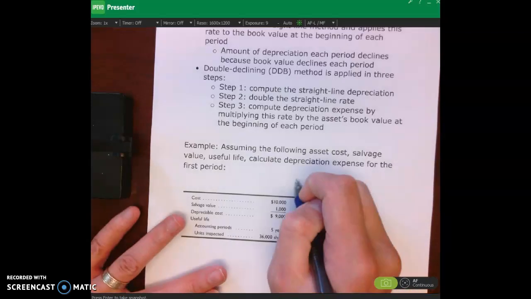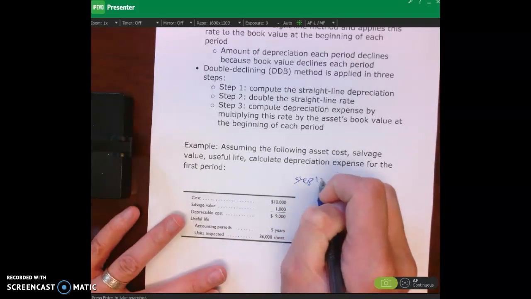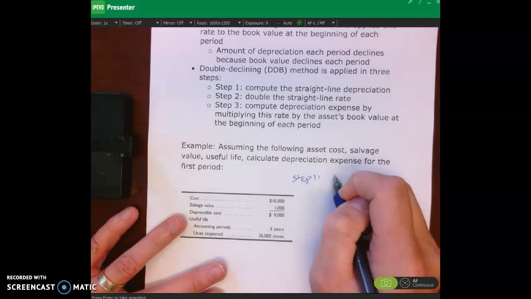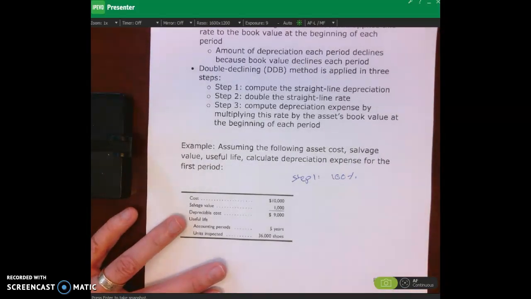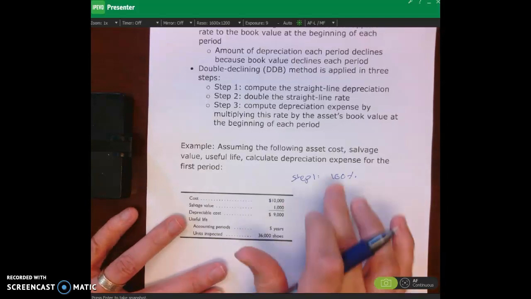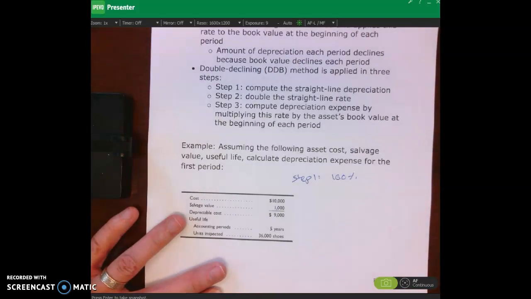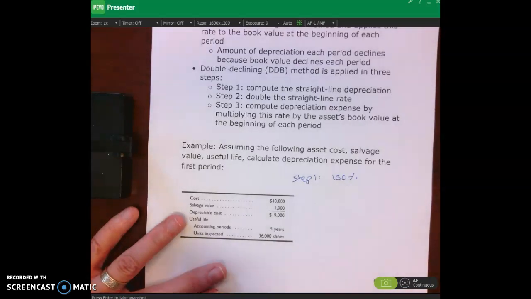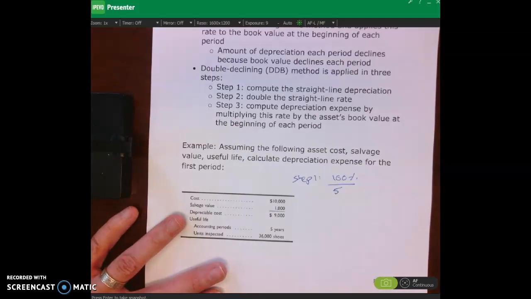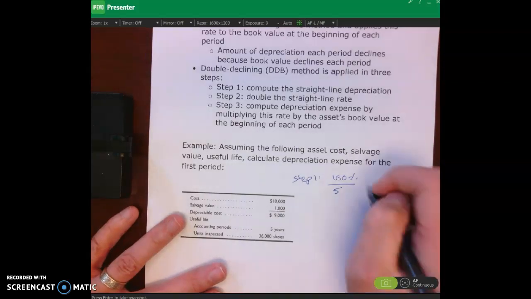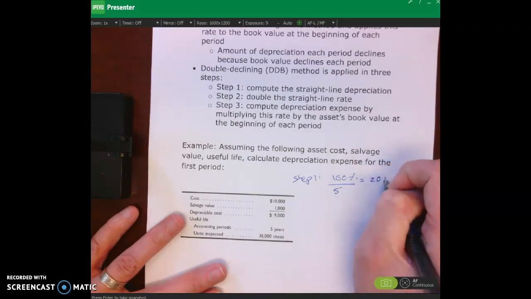So step 1, calculate the single rate. The way I'm going to do this is I'm just going to take 100, which stands for 100% of the initial book value, which is the asset cost, divided by the useful life. And what that gives me is 20%.